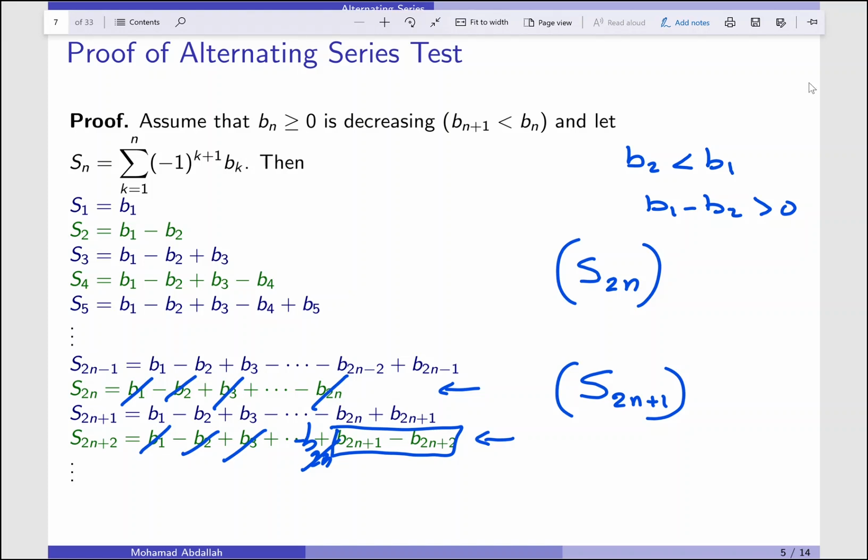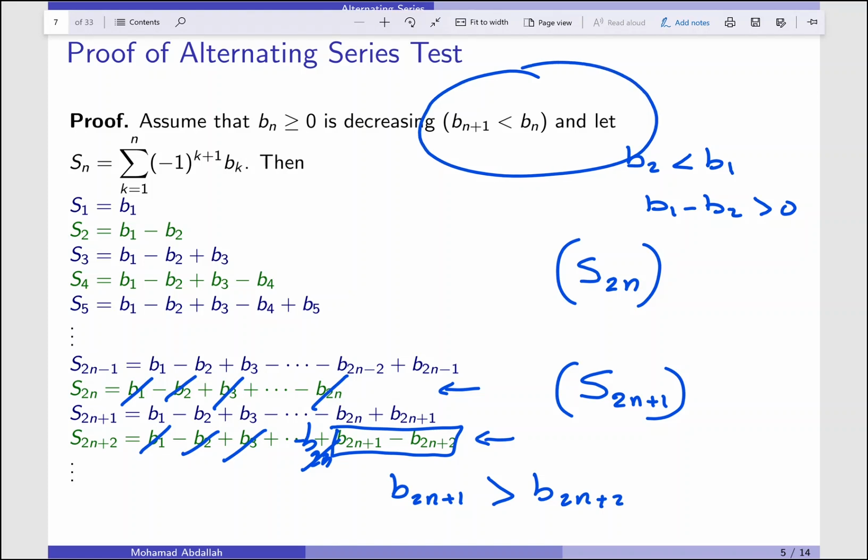And I know that b2n+1 is bigger than b2n+2. Why? Because the function is decreasing. So that means b2n+1 minus b2n+2 is bigger than 0, so it's positive.